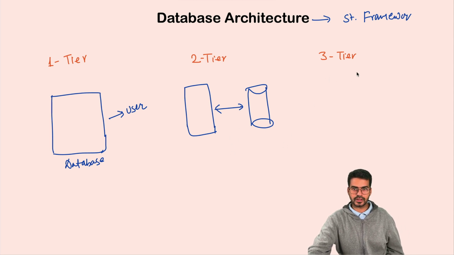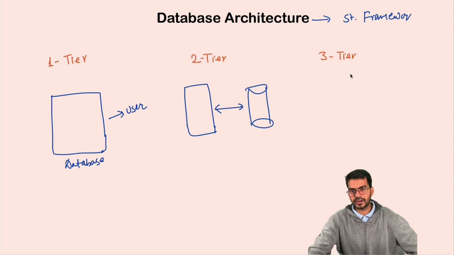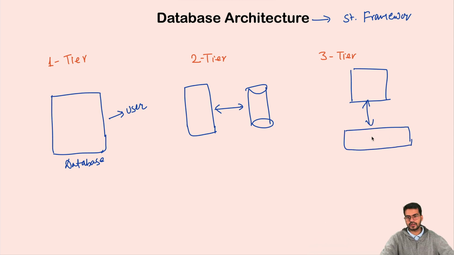And the third one is the most common architecture, and I discussed this a little bit in the last lecture as well, where we have a browser, that is the user. The browser is interacting with the application server, right down the layer. I should say application server, not web application, sorry.